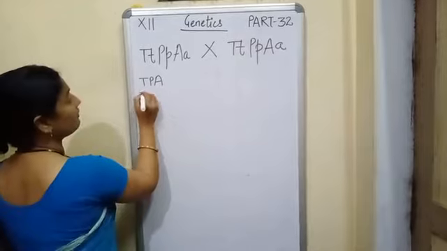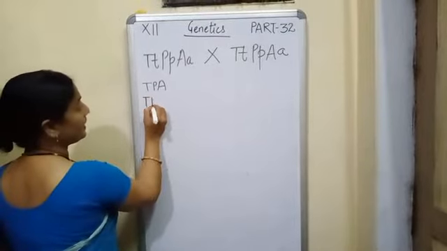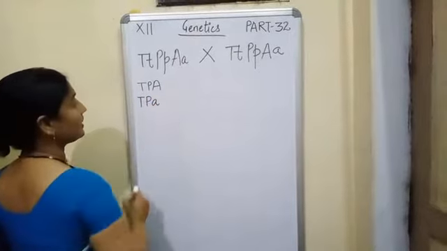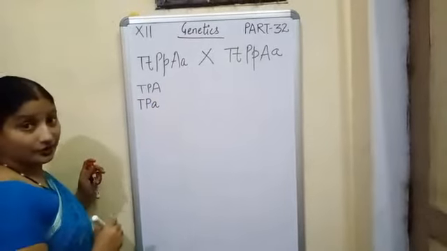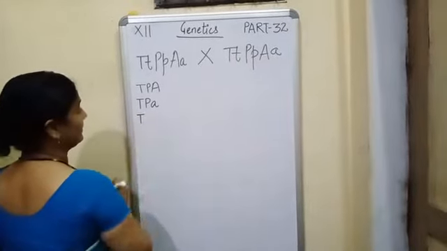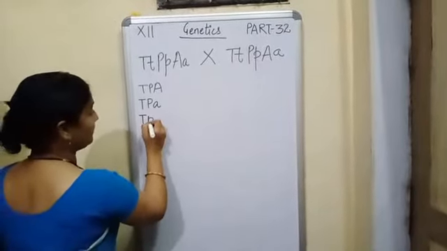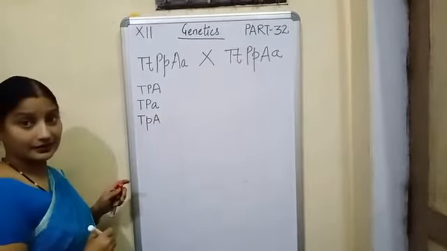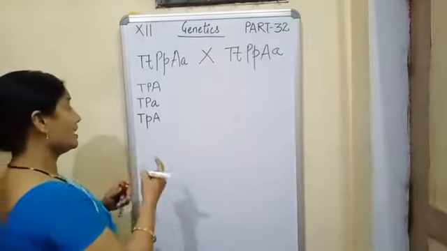Now see, the dominant will be T, P, 1 recessive, A. Okay? One more time. You take T, P and A. Clear? One more time.